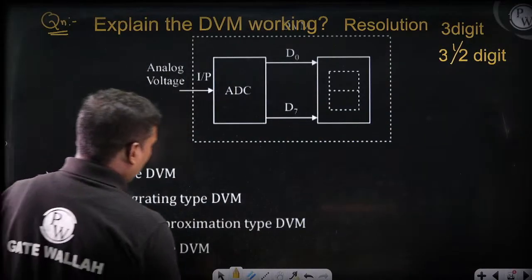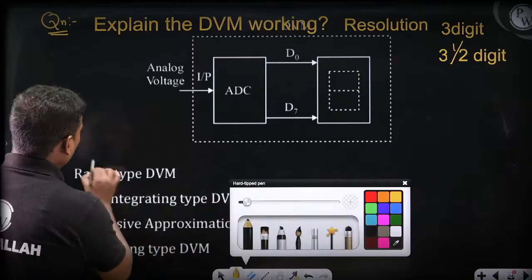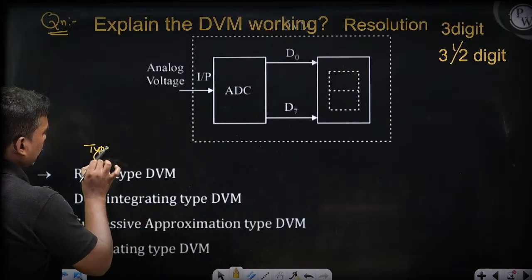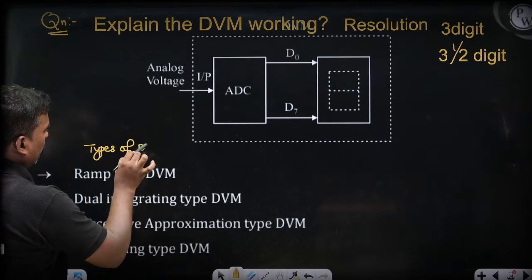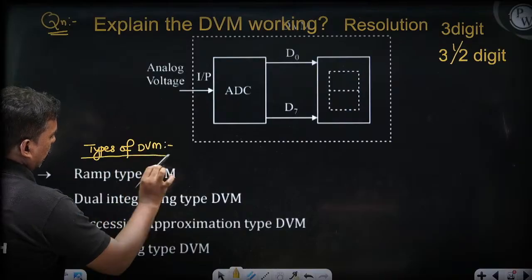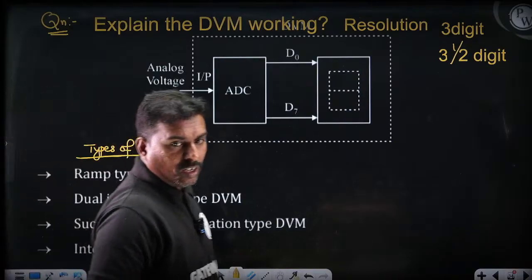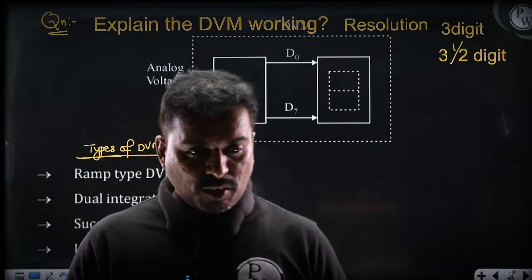So this is the ramp type DVM. These are the types of DVM. But majorly the context here is the 3-digit and 3.5 digit.